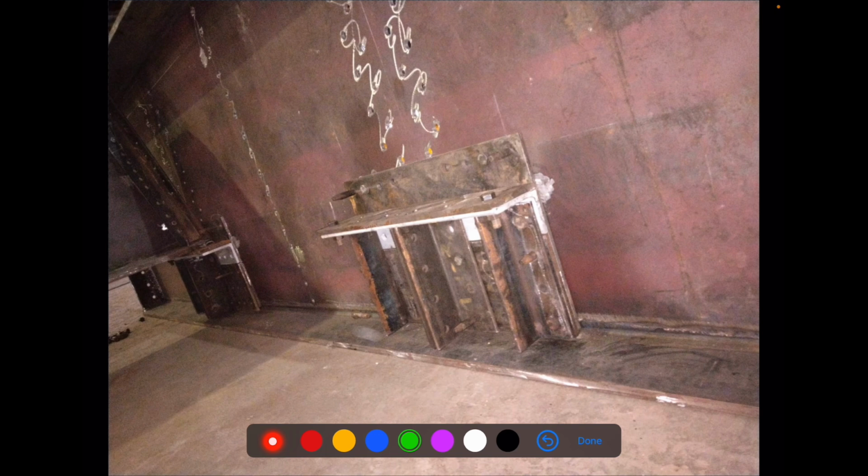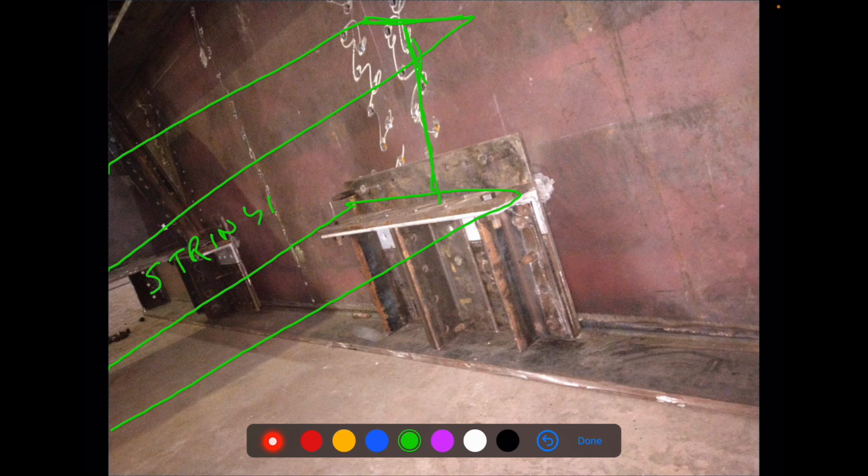Here the bottom flange of the stringer will come, and like this. This is how our stringer will come and sit over my cross girder. This is my cross girder. This entire thing is my cross girder.